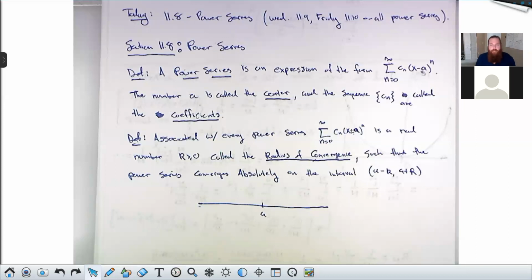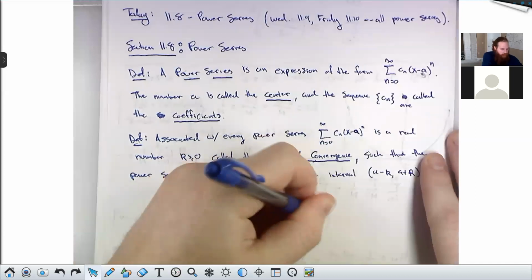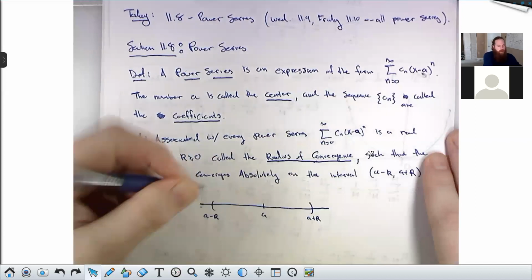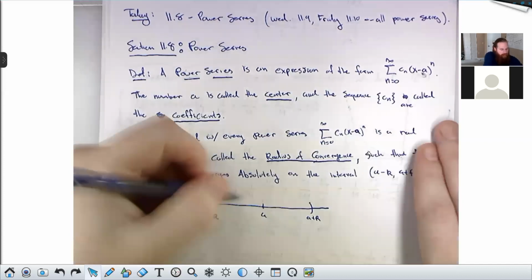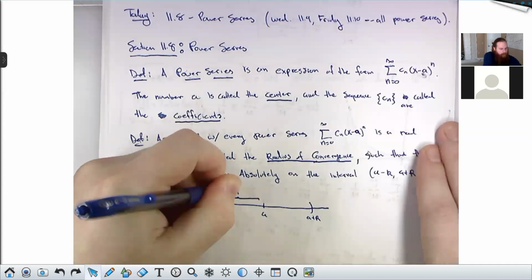So the question is, if this series is guaranteed to converge when you plug in a for x, how far away from a can you wander and still get a convergent series? And the answer is R. So over here is a plus r, and over here is a minus r. And this distance is called the radius of convergence.